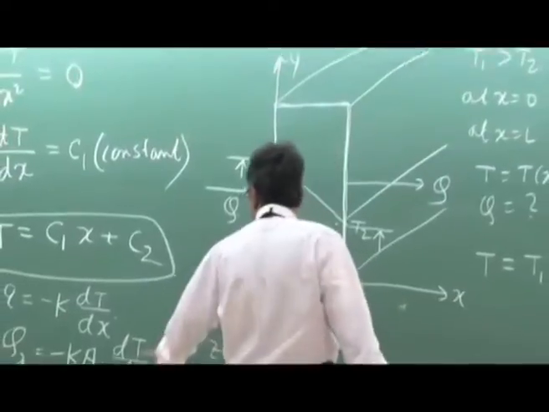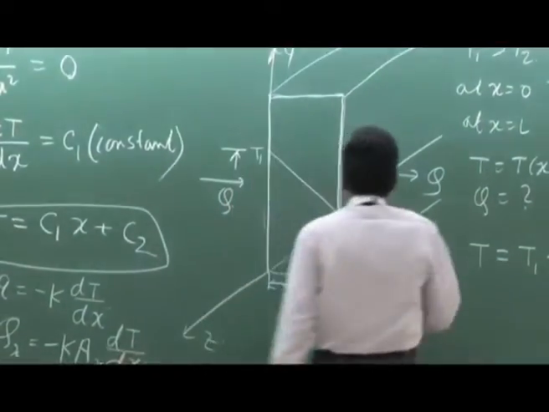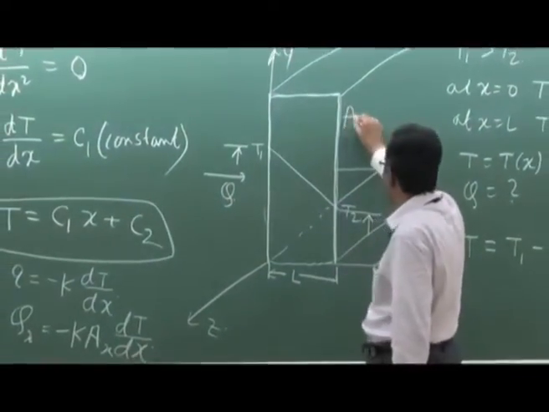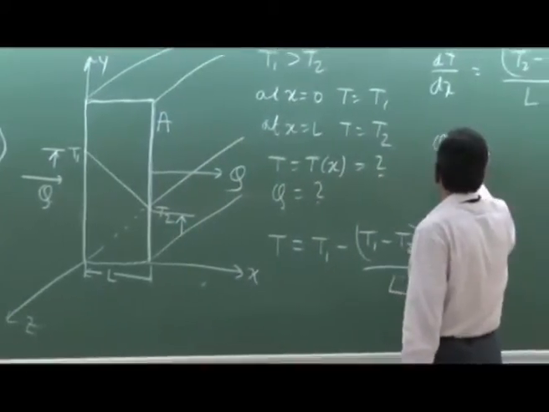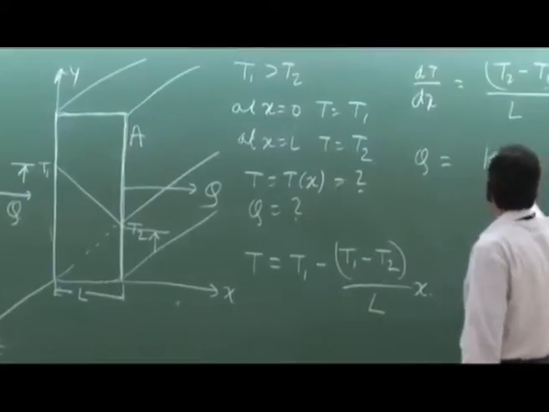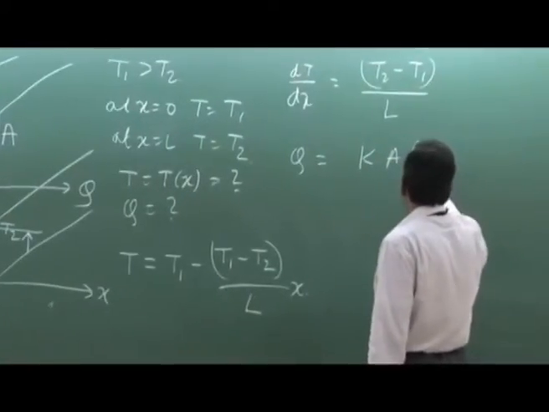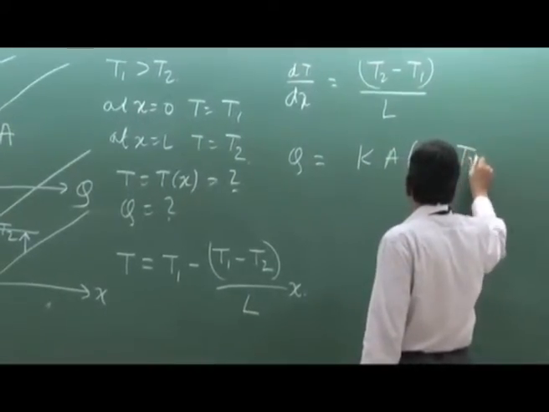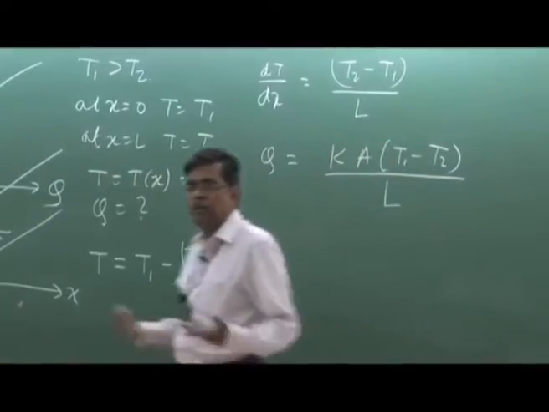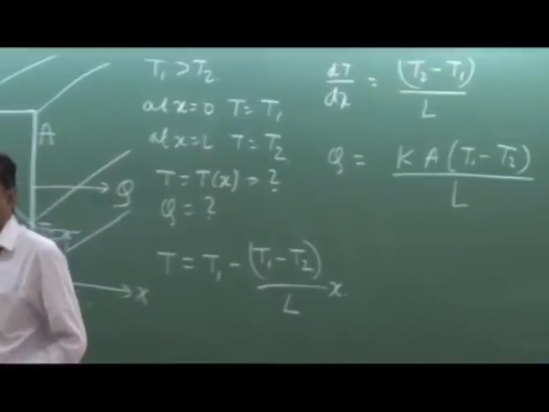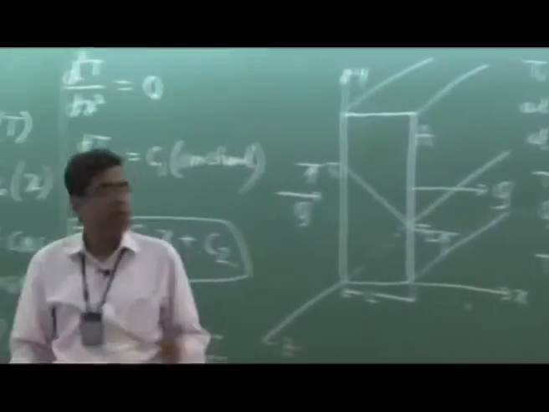Now when I use this expression by introducing A as the area of the slab, then Q becomes equal to K into A into (T1 minus T2) divided by L. The simplest form which is being taught at the school level. That means with all these assumptions we can write this.